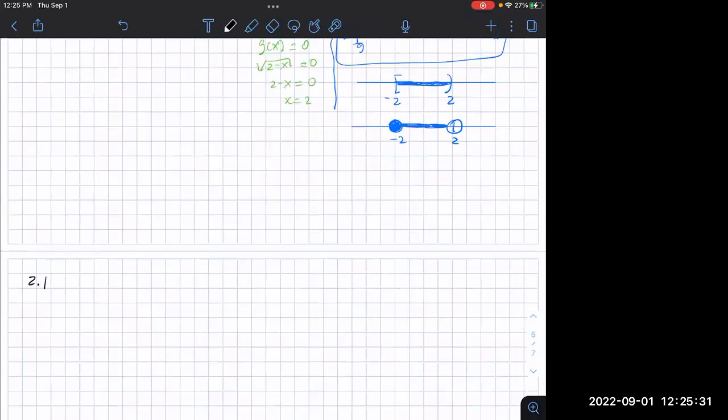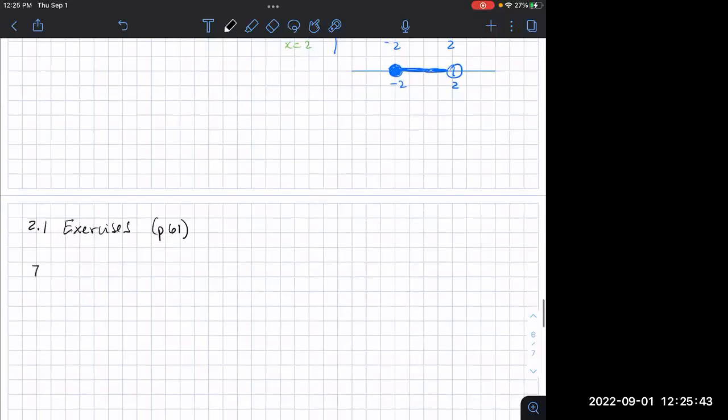Let's look at the 2.1 exercises. They may not be challenging, but page 61, if you're looking at the book. Let's look at 79. So 71 through 80: for the given functions, find the following. A, F plus G. I'm just going to write F plus G because we're going to write it again.